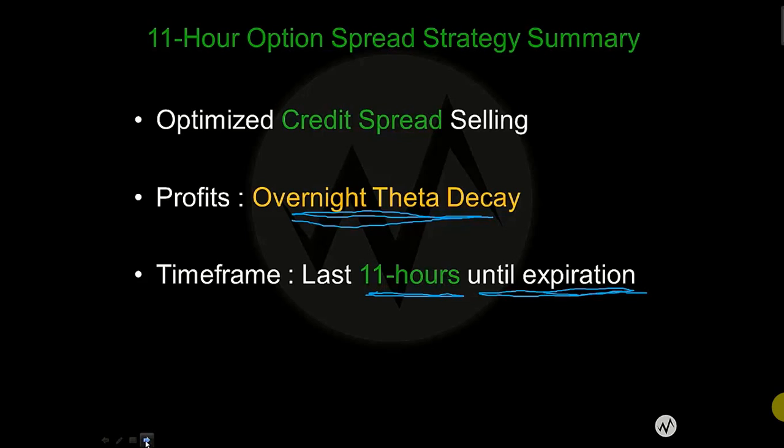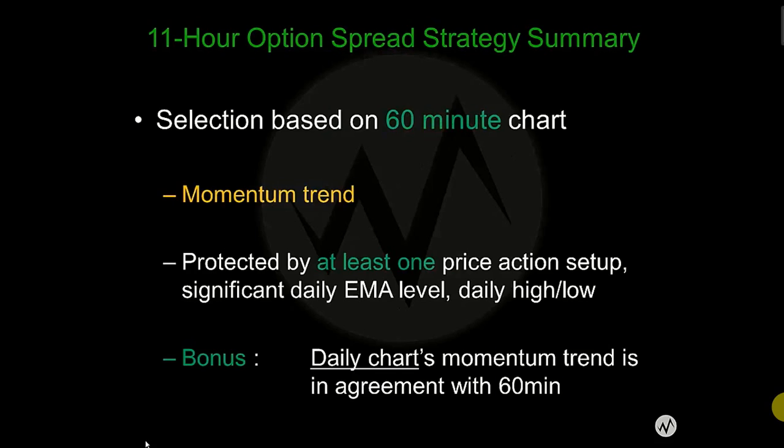Just kidding. All right, next part of the summary. The selection of the stocks and the trading opportunities is based on the 60-minute chart. And the driving force is the momentum trend. Now, those of you that have done credit spreads with me before, you know I like to have various levels of protection, whether it be the price action setup, an EMA level, maybe a voodoo line, maybe a daily high and low.